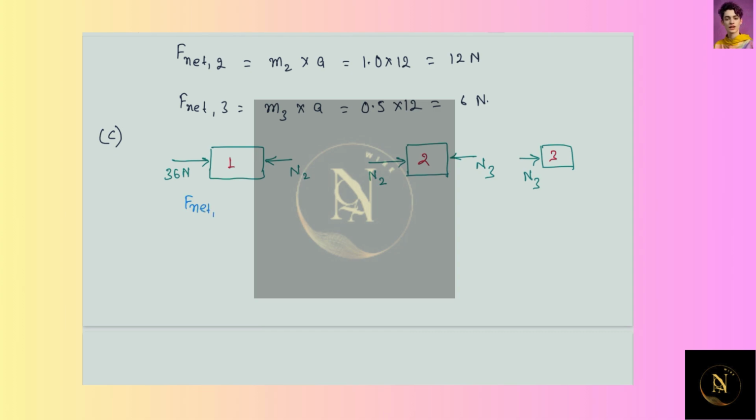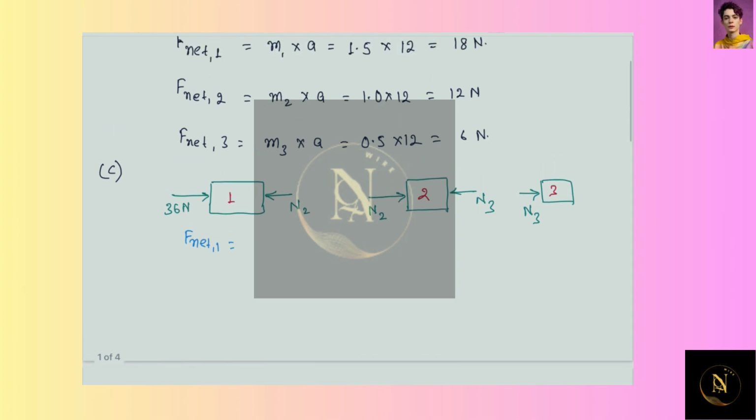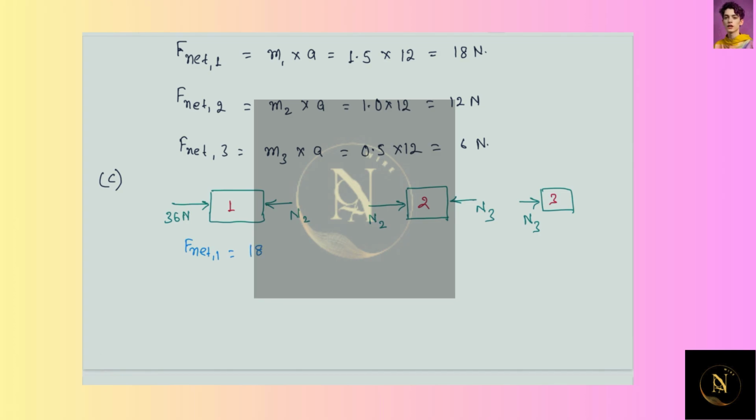We know the net force for block 1 is 18 Newton, F net 2 is equal to 12 Newton, and the net force in the third case is 6 Newton.